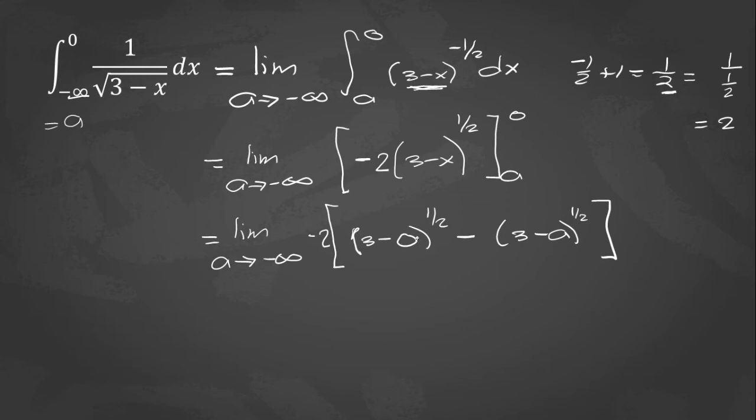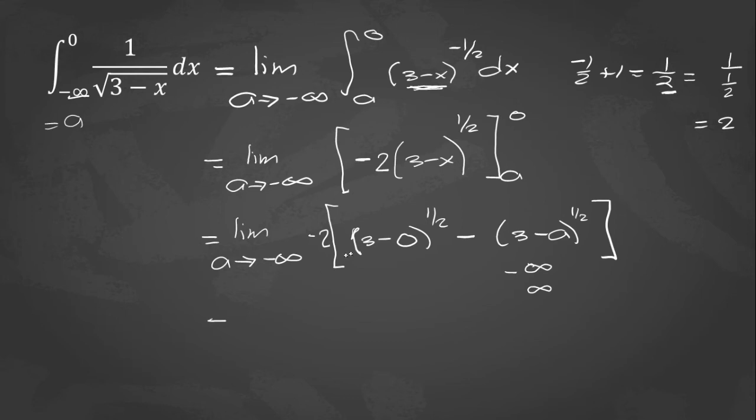Now applying the limits on each term, this will become 3 raised to 1/2, and 3 minus negative infinity, or positive infinity, is still an infinity. Thus this will become infinity multiplied by negative, so it will become negative infinity, and multiplied by a negative 2, this will result in positive infinity.